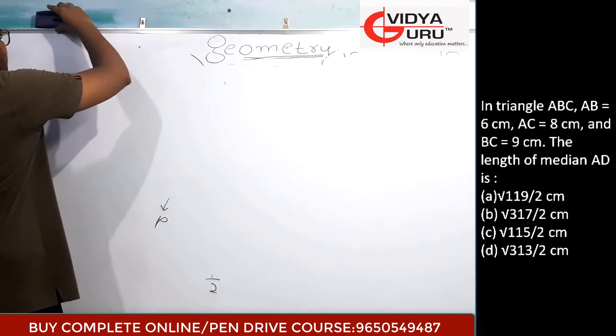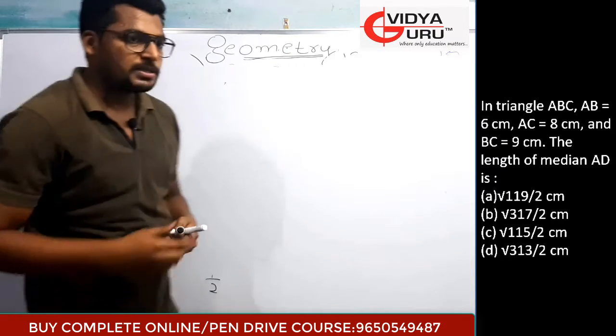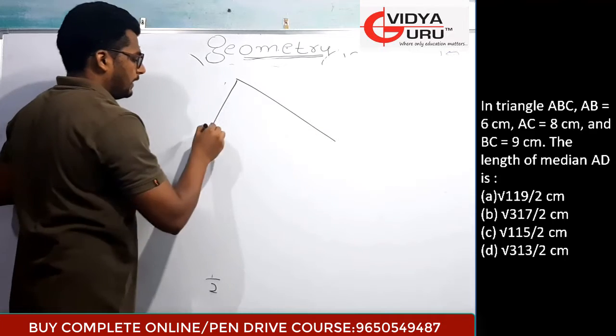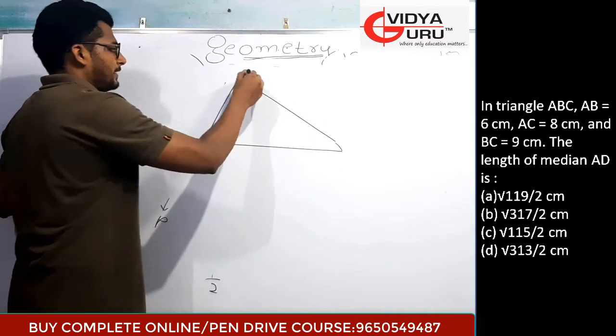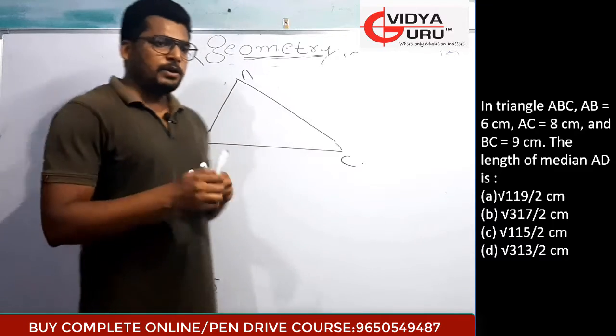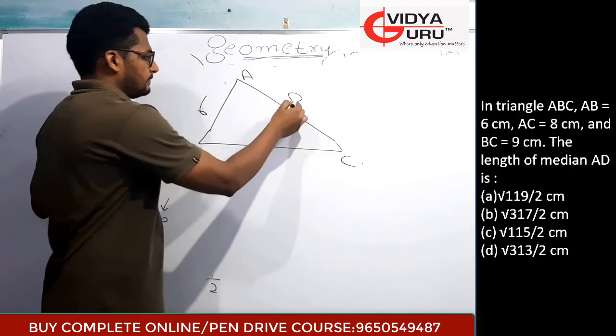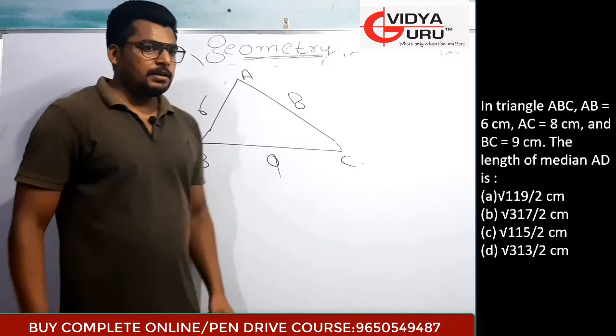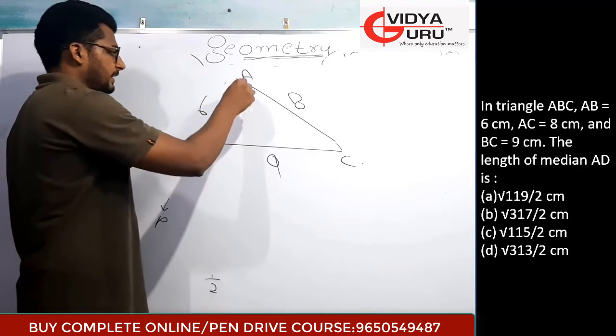What is the next question saying? In triangle ABC, AB equal to 6, AC equal to 8 and BC equal to 9. Find the length of median AD.